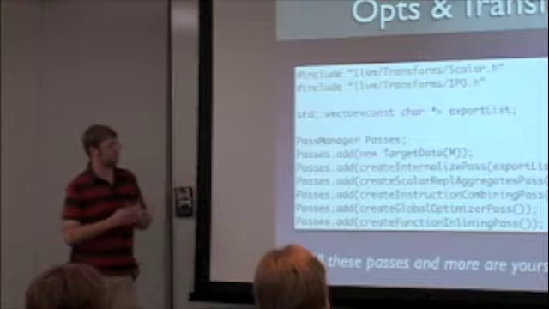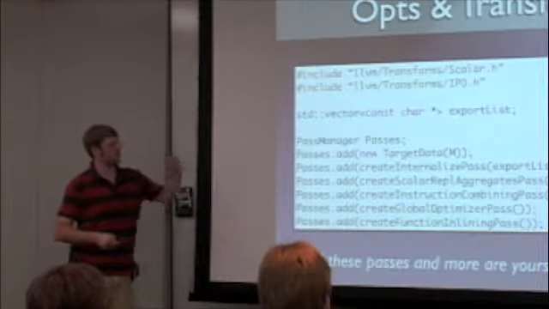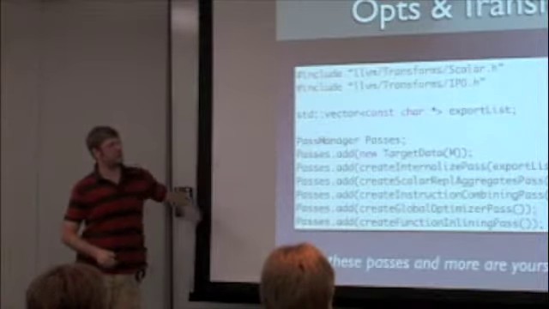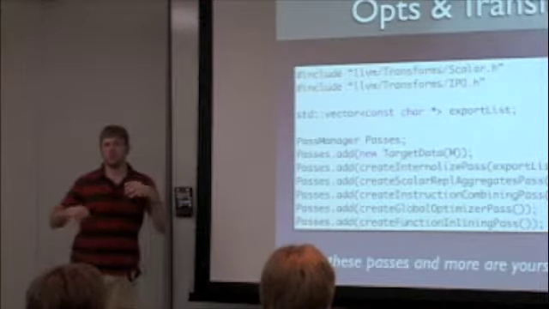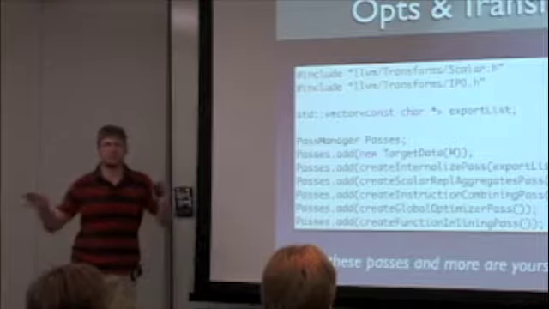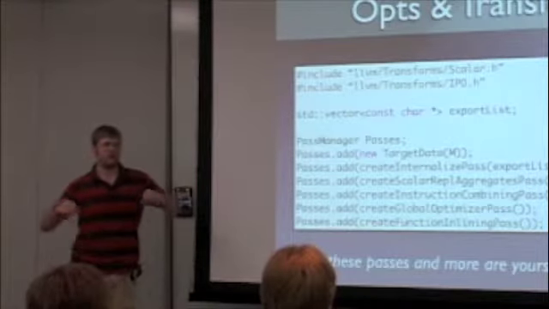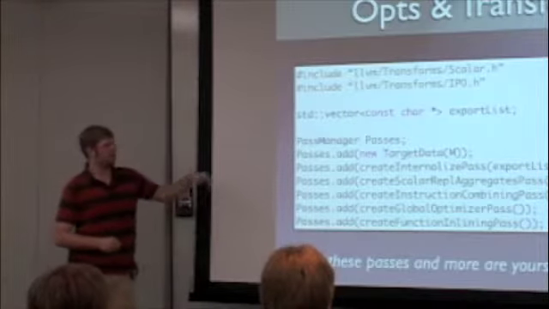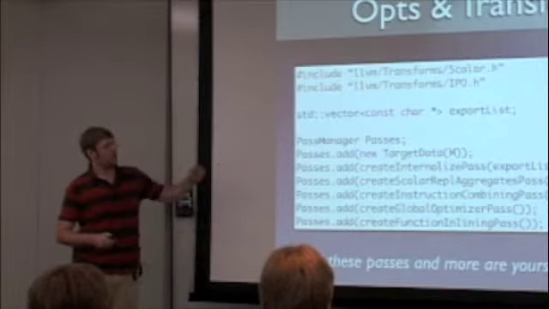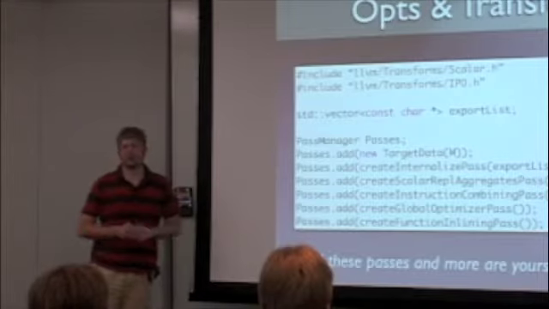It's just sort of a bookkeeper for the various passes. You say, hey, here's my target. You pass it in the module so that it knows, when alias analysis is running and you're doing crazy pointer arithmetic on int pointers, that those are really 4 bytes apart, so it can take care of that. We've got an internalize pass here, which is a really great one.